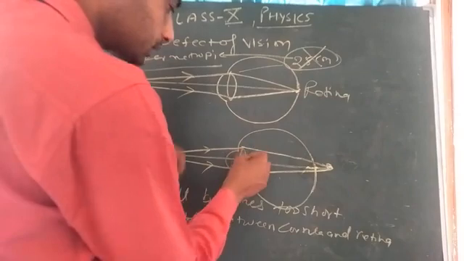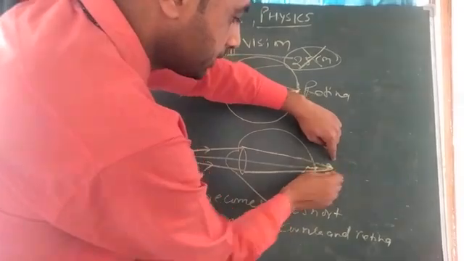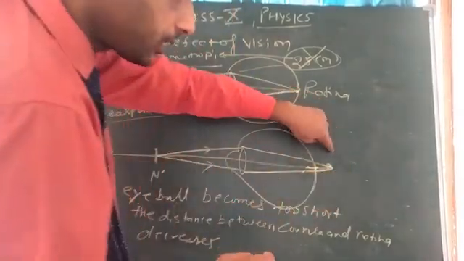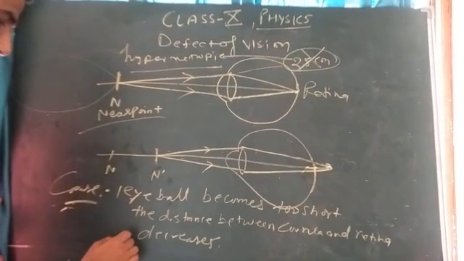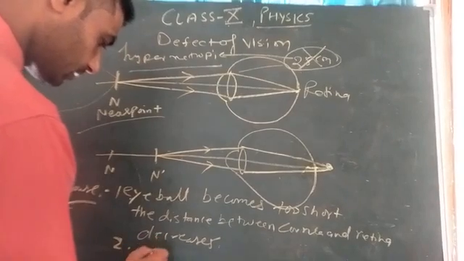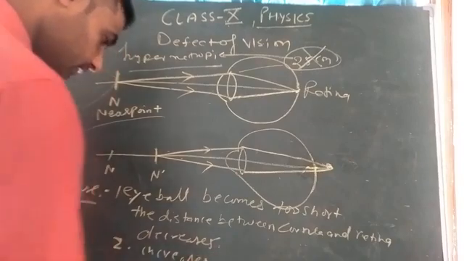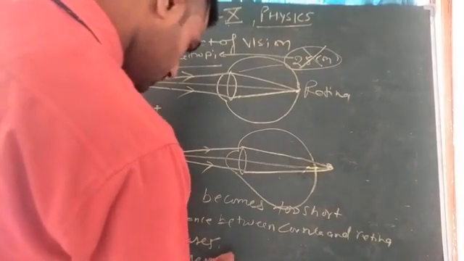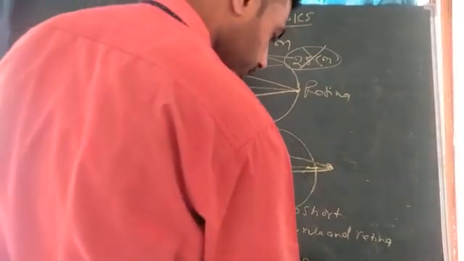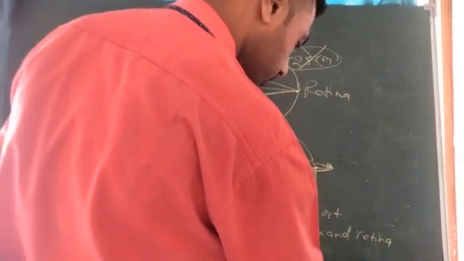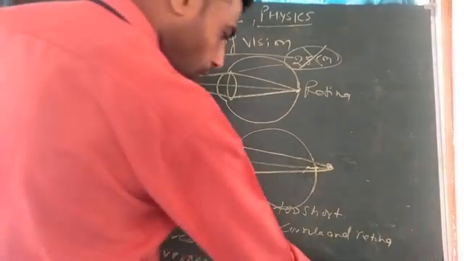That's why this convex lens focuses the rays of light beyond the retina. So this may be the first cause, and the second cause is an increase in the focal length of the eye lens.